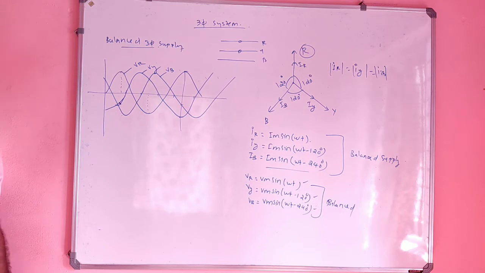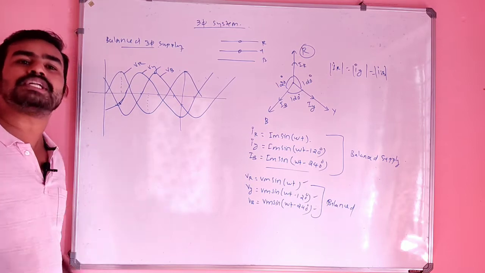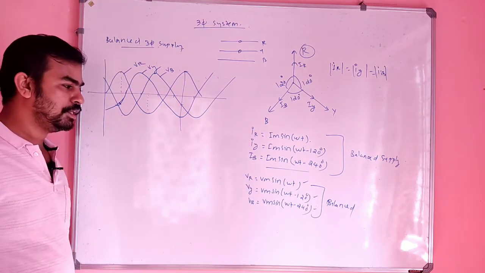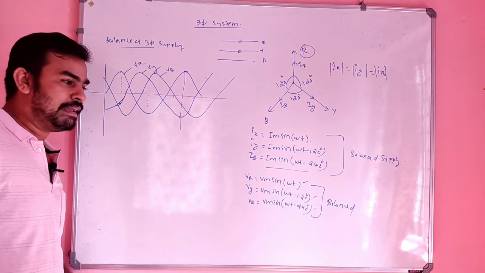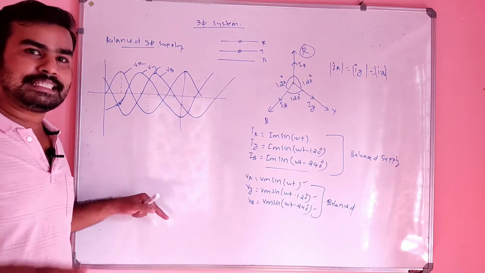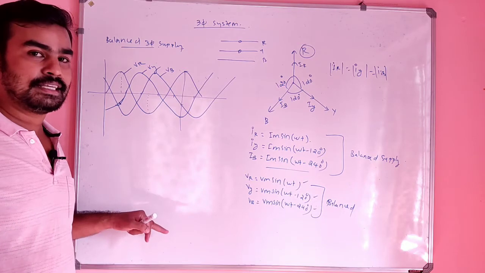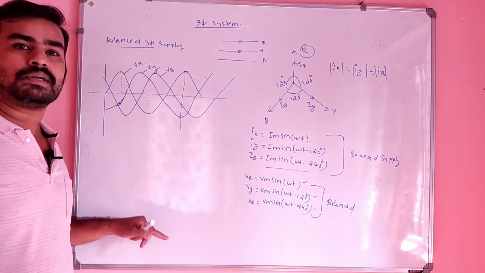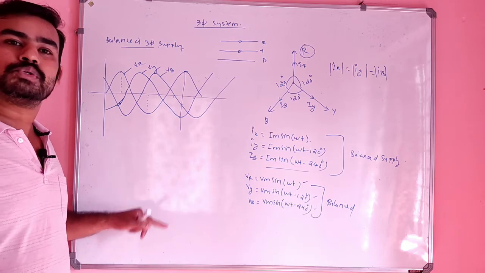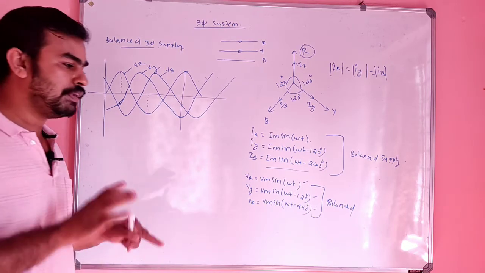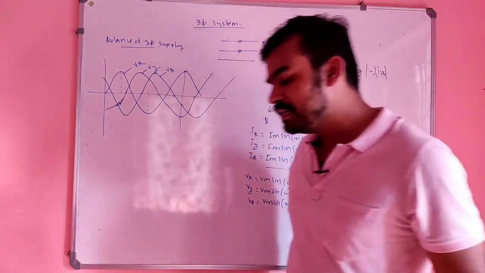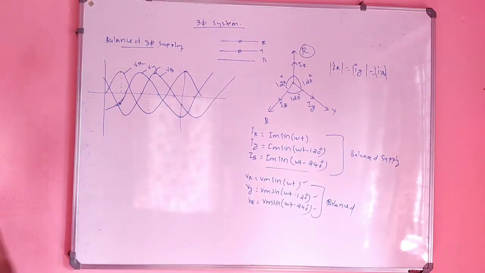Since the instantaneous value is different, there is always some potential difference, because instantaneous VR is not equal to Vy, not equal to Vb. So when a bird touches two phases of a balanced three-phase supply with its two legs, the two legs are not at the same potential. They are at different potentials, so definitely the bird will get a shock and die.